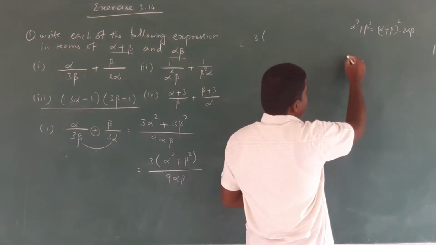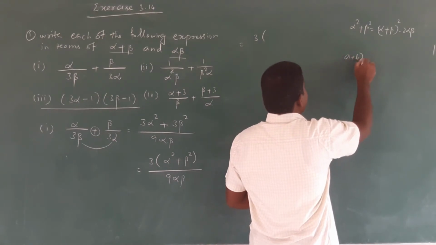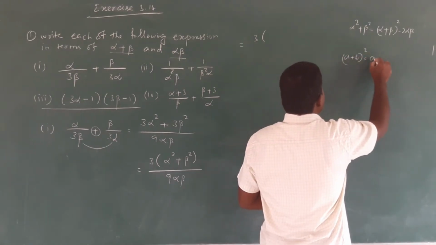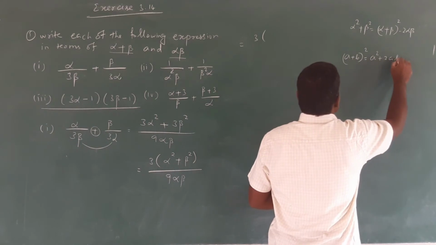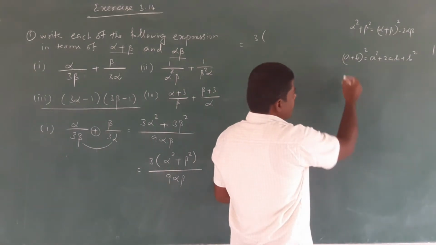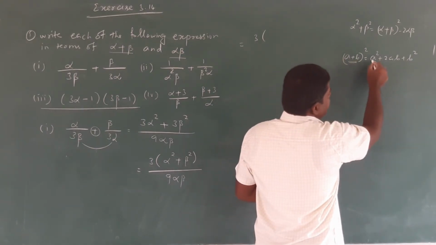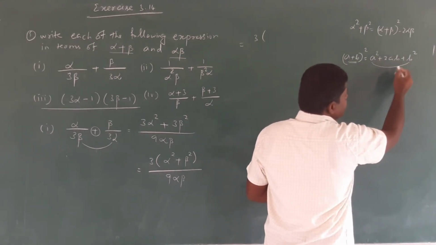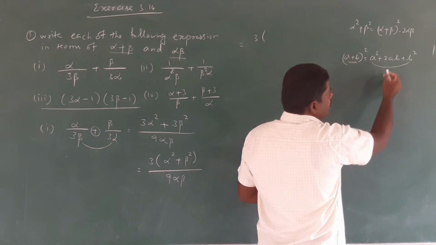Already you know that a plus b the whole square is equal to a square plus 2ab plus b square. Understand? So from this we need a square plus b square, what do you want to do?